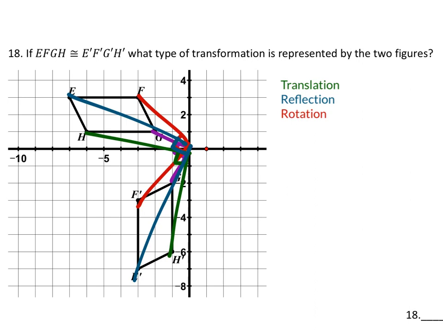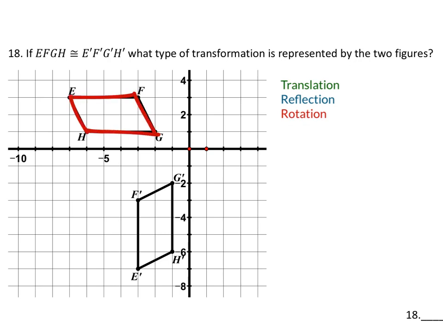Now, I wouldn't expect you guys to do it that way. Let me go ahead and trace this one again. I'll use a different color. There we go. So that's what I would do if I were taking a test. I would trace it on some kind of scratch paper and then see if the translation or reflection worked, which I've already seen that it does not.